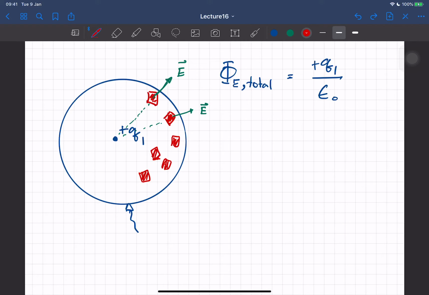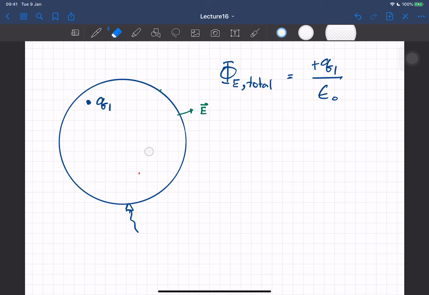So the amazing thing about Gauss' law is that it doesn't really matter where Q1 is. As long as it's inside the balloon, the total flux is always given by this value. That means if I have Q1, but now I move Q1 to a different place, maybe a little bit closer to that side of the balloon, I can calculate the flux again, but it's going to be different at each point, right? Because when you move the charge, then the electric field will point in a different direction.